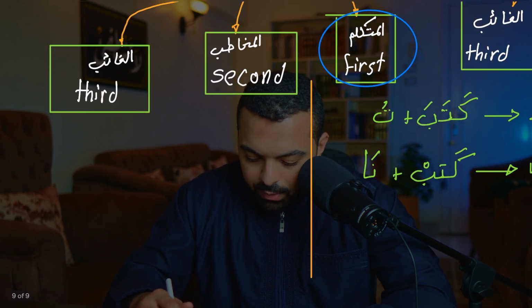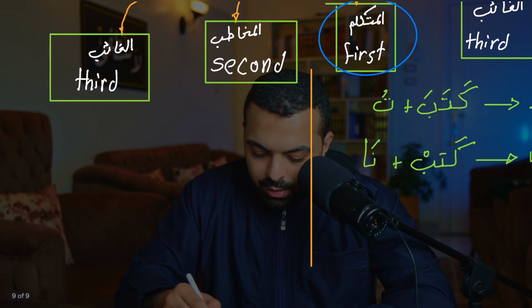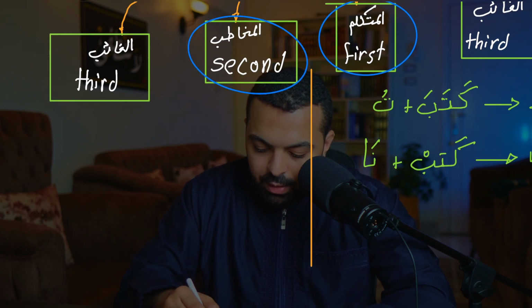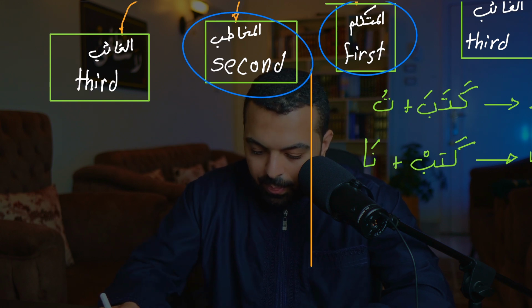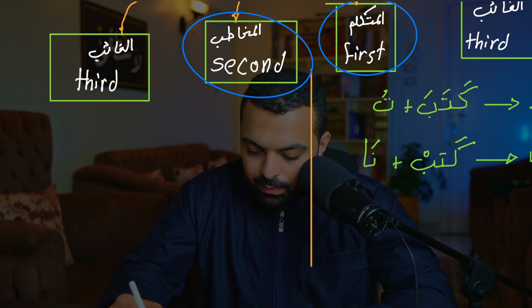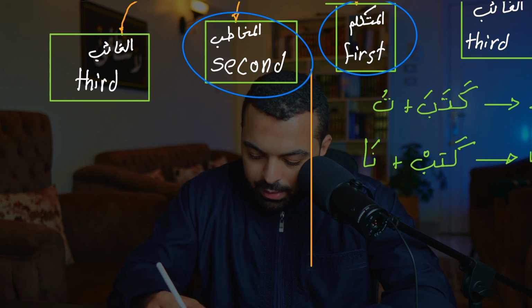Now let's talk about ضمير المخاطب, the second person, the person that you direct your speech to. You say, for example, أنتَ كتبتَ.